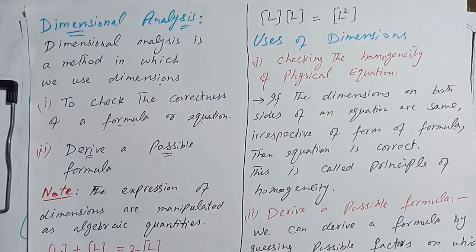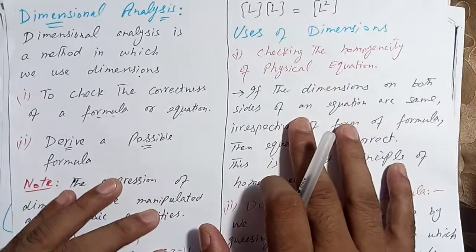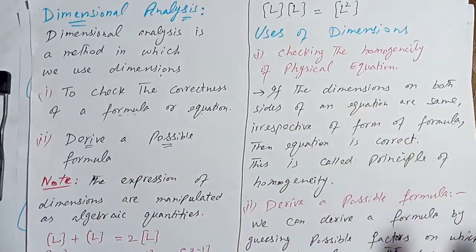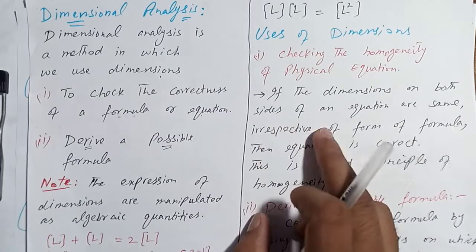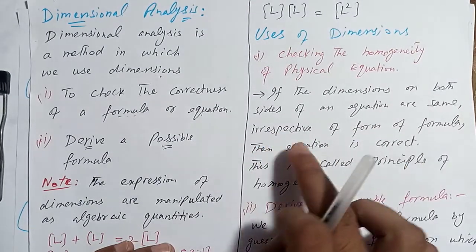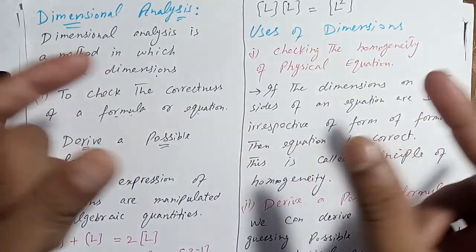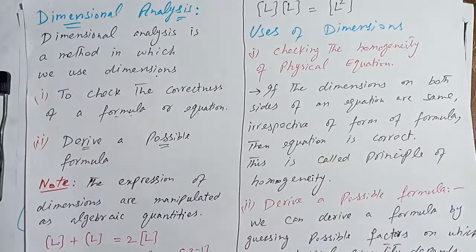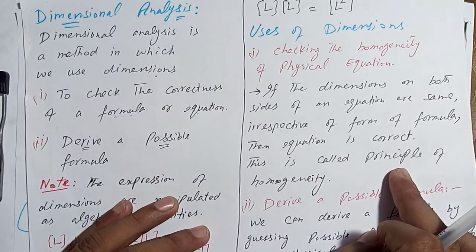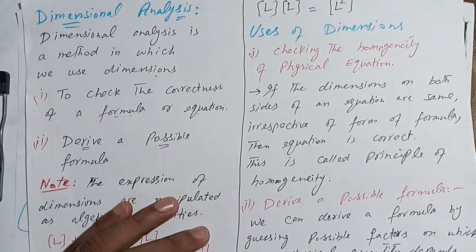So it is written here that if the dimensions on both sides of an equation are same, irrespective of form of formula, then the equation is correct. If the dimensions on both sides of an equation are not same, then the equation is incorrect. This is called the principle of homogeneity.